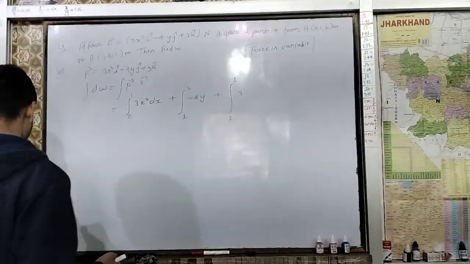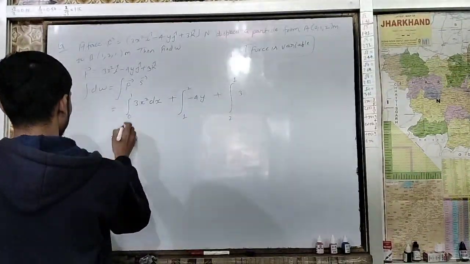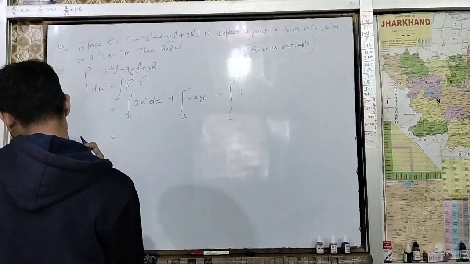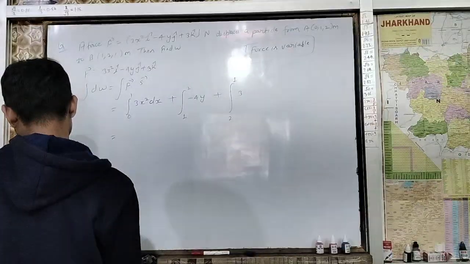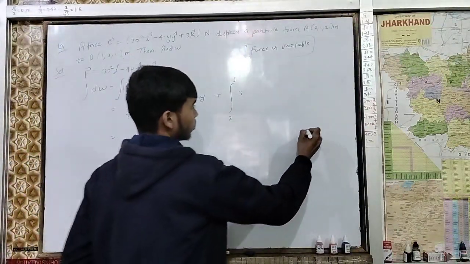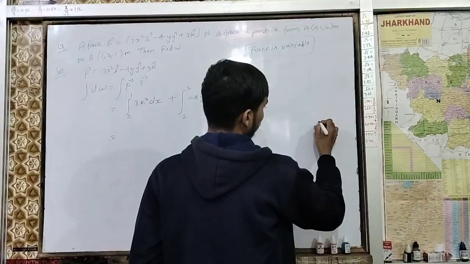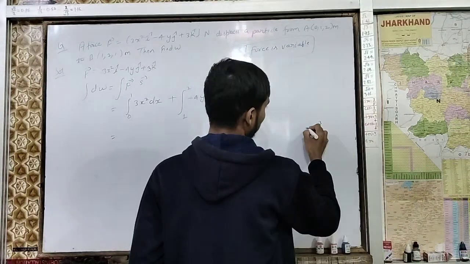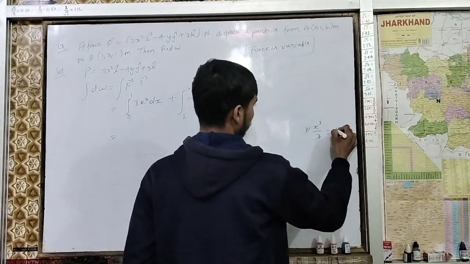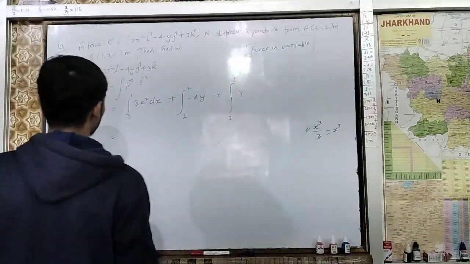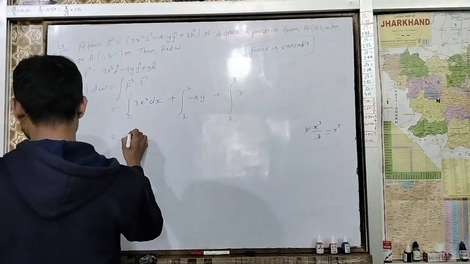So integration of 3x square will be x cube, since 3 upon 3.